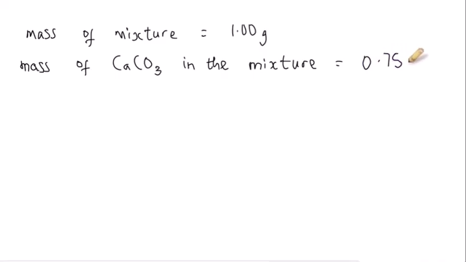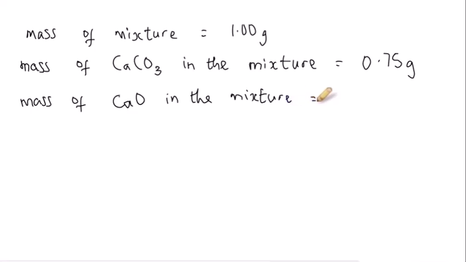That's what we've gotten. Then mass of calcium oxide in the mixture will equal 1.00 grams minus 0.75 grams, which is equal to 0.25 grams.